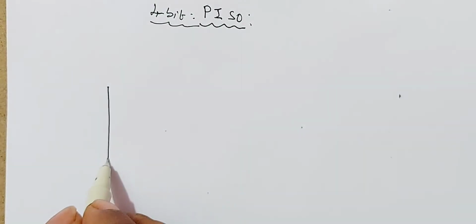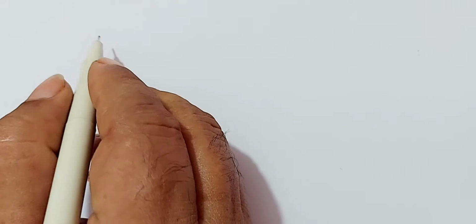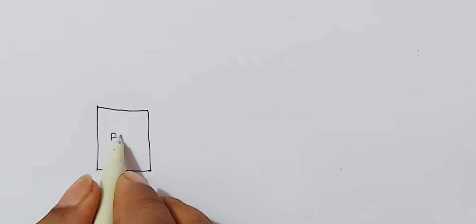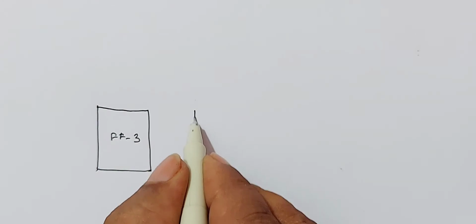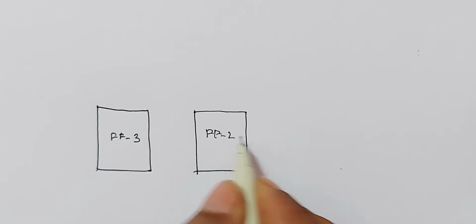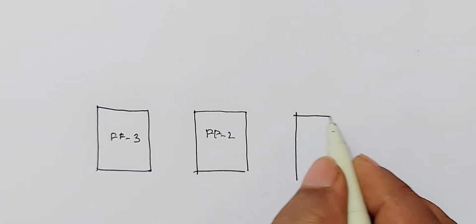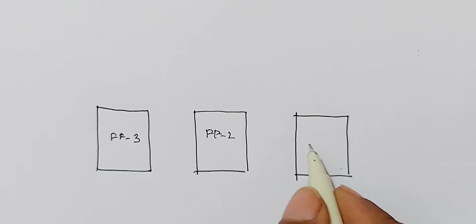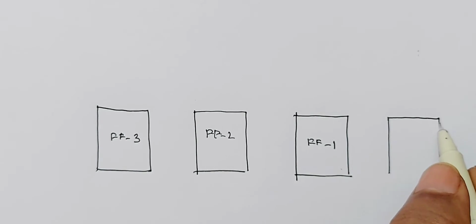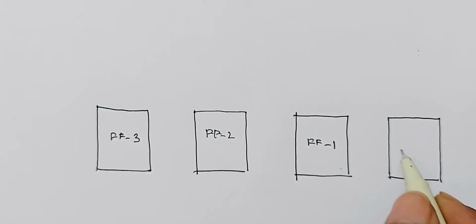I will show how to draw. Draw one D flip-flop, flip-flop 3, draw another D type flip-flop, flip-flop 2, draw one more D flip-flop, flip-flop 1, draw the fourth flip-flop represented as flip-flop 0.